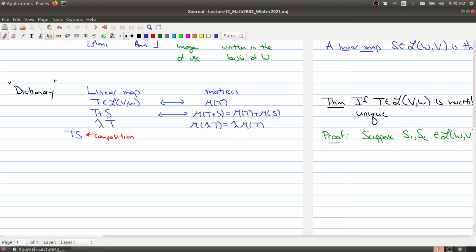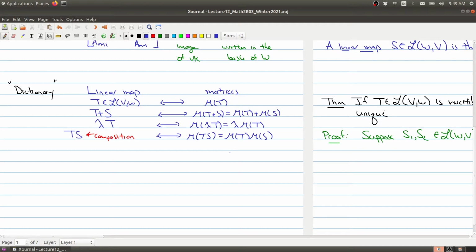We also talked about composition of linear maps, and that corresponds on the other side to matrix multiplication. So on the right-hand side we're getting things that we would have seen in Math 1B03, and what we're doing in this course, 2R, is explaining everything in terms of linear maps.